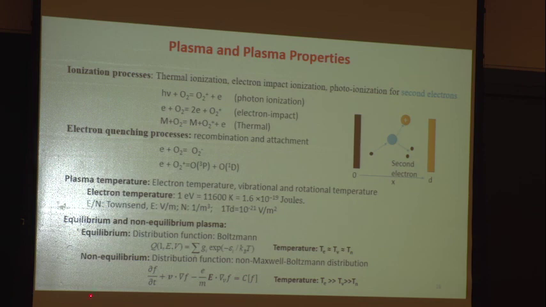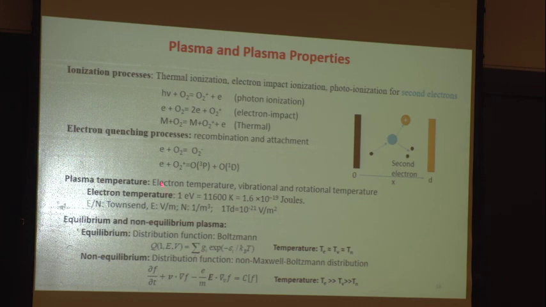In terms of equilibrium and non-equilibrium, everybody knows that we have the Boltzmann distribution. The theory is that all excited modes, rotational and vibrational, are in a Boltzmann or Maxwell-Boltzmann distribution. But in plasma, particularly non-thermal plasma, you don't have a Maxwell-Boltzmann distribution because it's highly non-equilibrium.